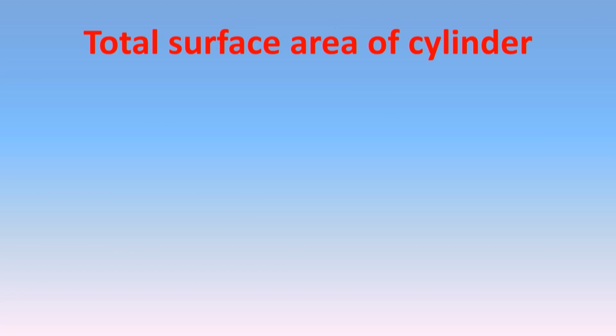Now we are going to look at the total surface area of cylinder. So far we have looked at only the curved surface part. Remember that in a cylinder you also have circles at the top and at the bottom. So now when we talk of total surface area, we will also include the area of the circles.